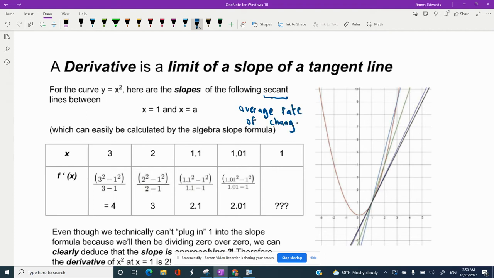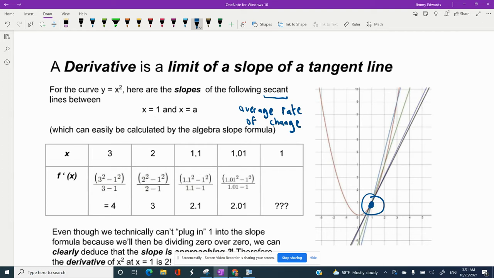And with this parabola here, I just have a bunch of examples of these lines that are found by using the Algebra 1 slope formula starting at x equals 1.